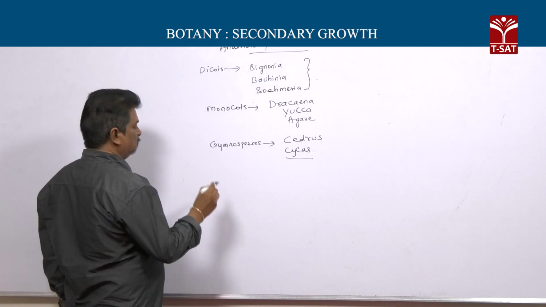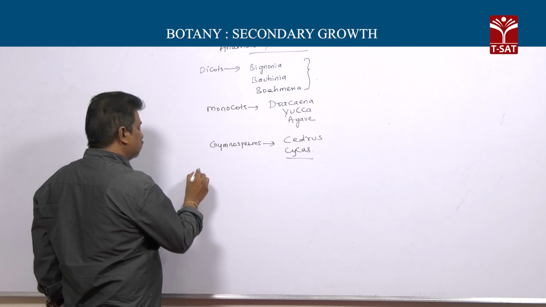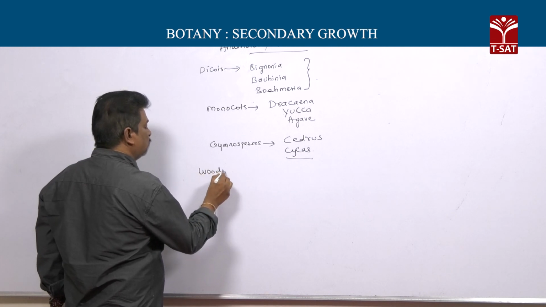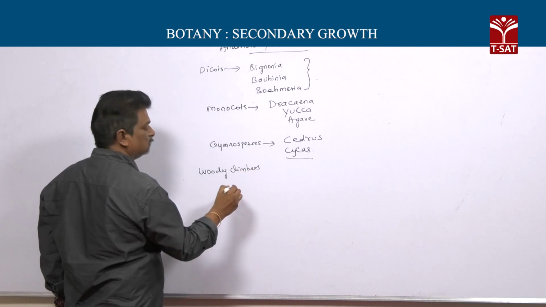Then generally, anomalous secondary growth is common in woody climbers.